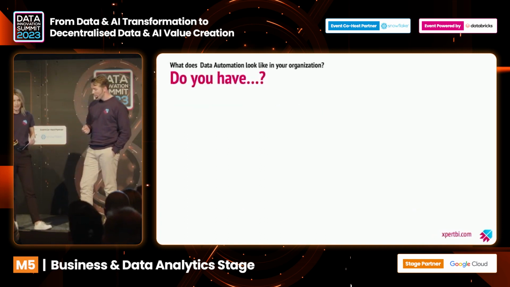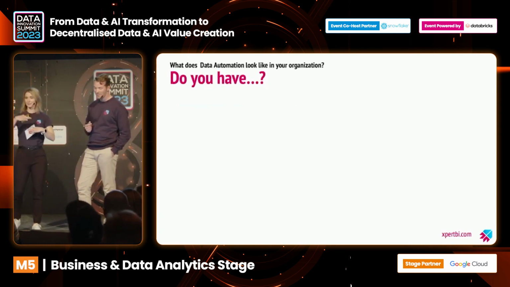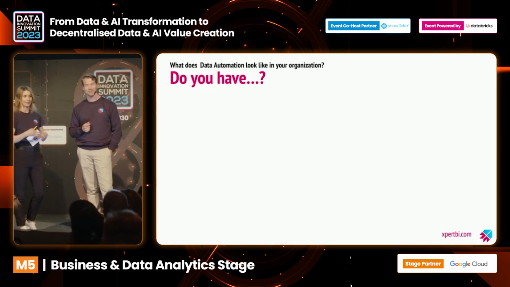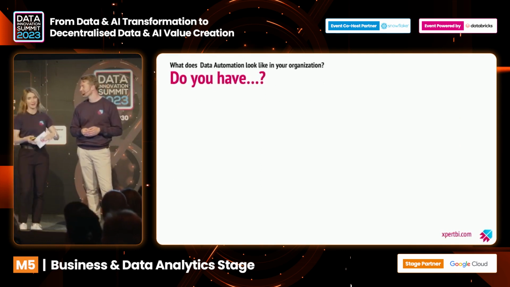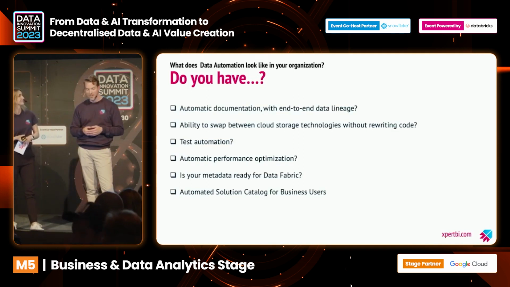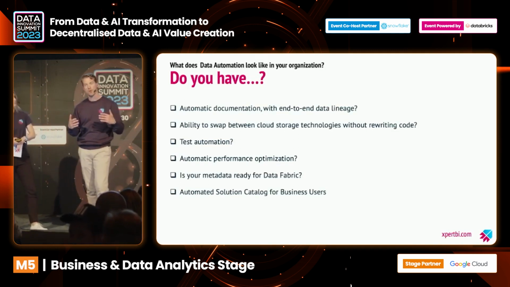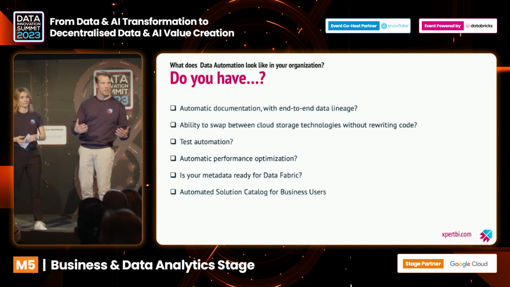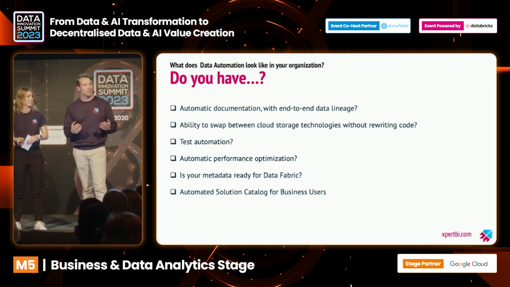Okay. So let's look at that. The agenda had some bullet points, right? Being pedagogic, we have to go back to the agenda and look at the bullet points. Right. So these are some of the questions you may ask yourselves or the team, things that data automation typically would help you with.